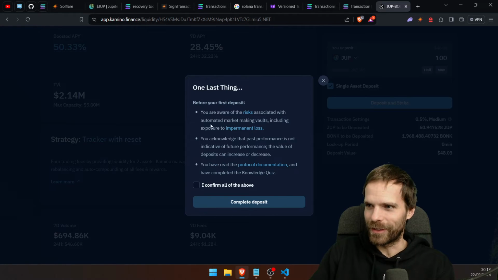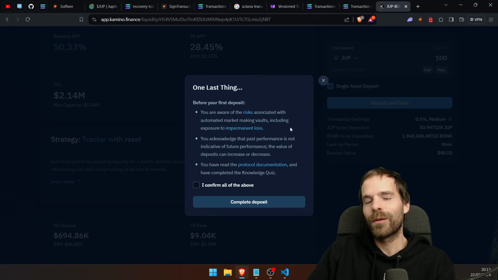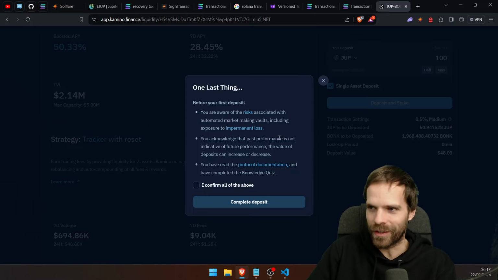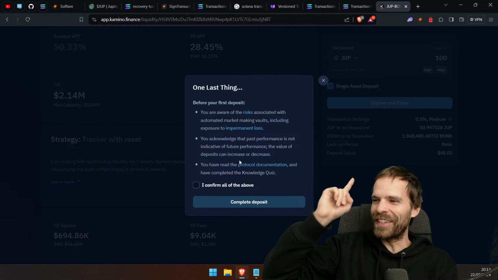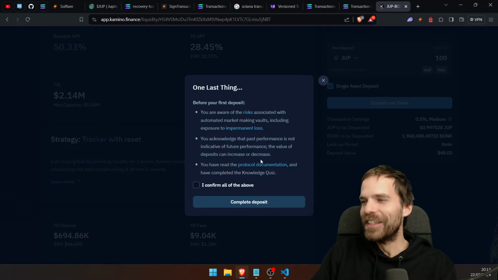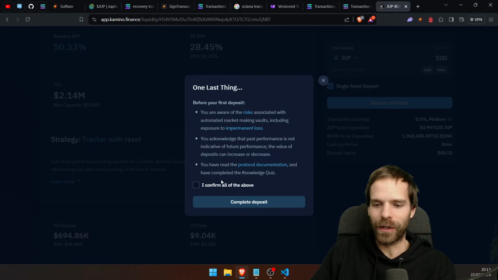Before you first deposit, you are aware of the risk associated with automated market making vaults, including exposure to impermanent loss. Well, yeah, I might get more Bonk, I might get more Jupe, whatever, I'm fine. Like, I got this for free, I might as well burn it in DeFi. You acknowledge that past performance is not an indicator of future performance. No shit. Okay, I'm learning about DeFi today.